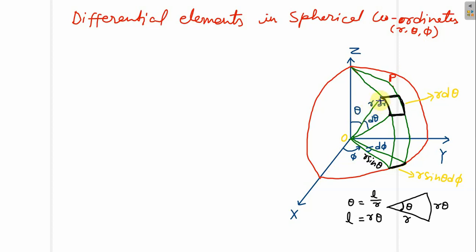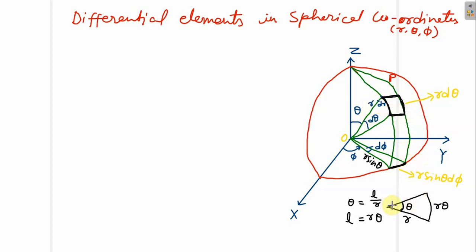Now I have made small increments in all three coordinates: r can be incremented as dr, theta can be extended to d theta, and phi can be extended to d phi. So I have made small increments in all the coordinates to achieve these differential elements. Further we will discuss the differential length, surface and volume. But here it is important to note what will be this one, what will be this one.